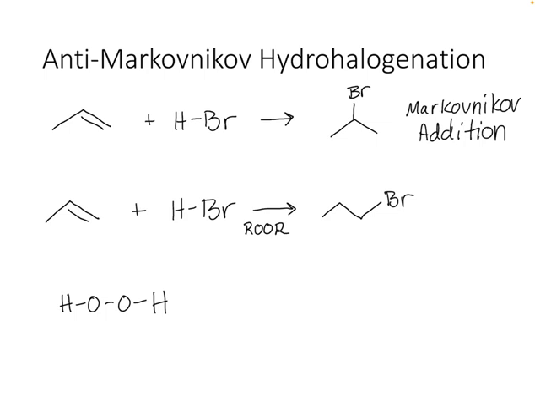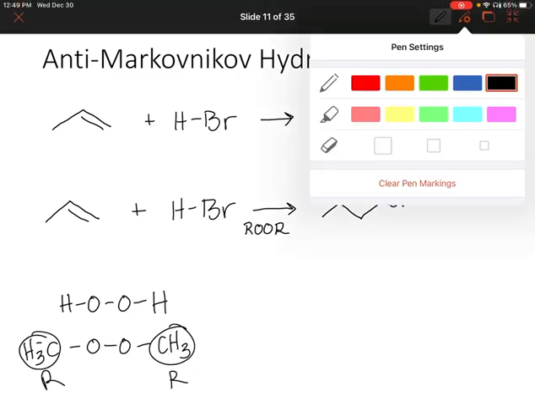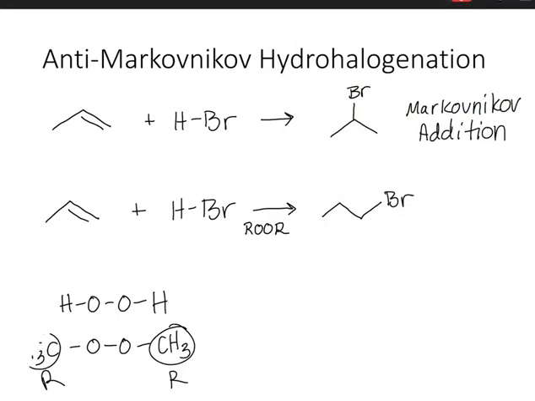But sometimes you can have other groups on the ends. So maybe you have methyl groups or ethyl groups or something on either side. And we can abbreviate those as R. So remember, we use R to indicate any sort of alkyl group. All right, so that's a peroxide.